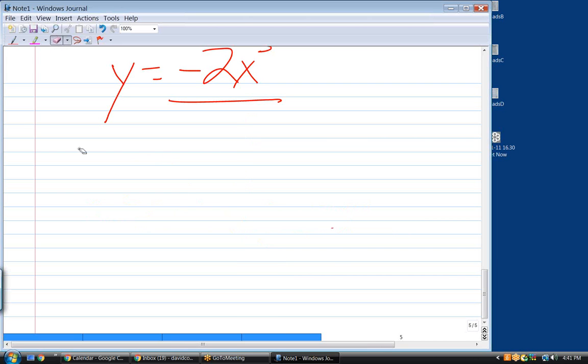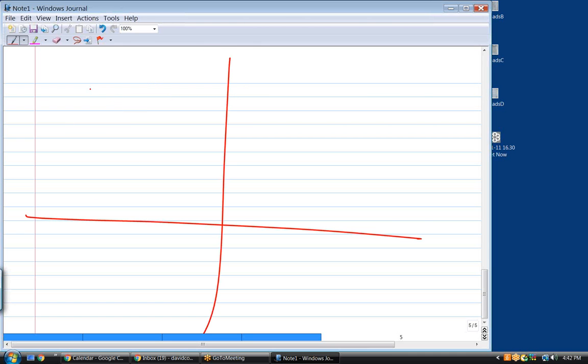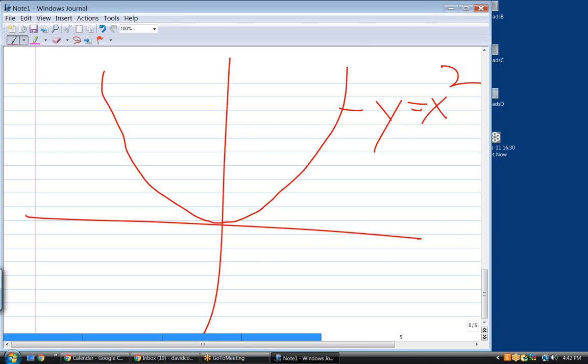So that's all end behavior is talking about: what happens to either y or f of x as x goes to either positive infinity or negative infinity. And how about this curve here? That's y equals x squared. What happens as x goes to positive infinity?